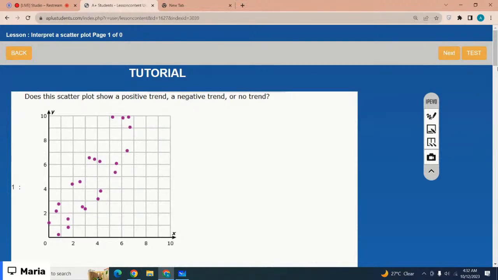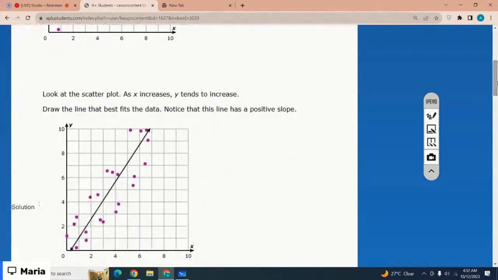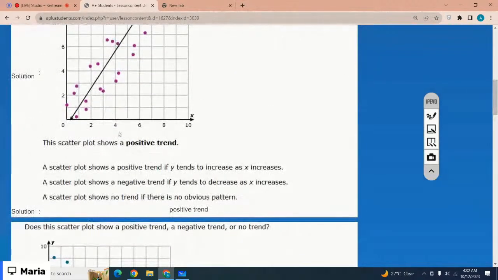Positive trend means you have to draw a best fit line of the data, and you have to see if the x values are increasing and the y values are also increasing. A scatter plot shows a positive trend if y tends to increase as x increases. If the x values are increasing, the y values are also increasing. That means that is a positive trend, right?